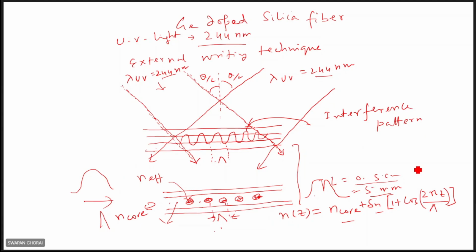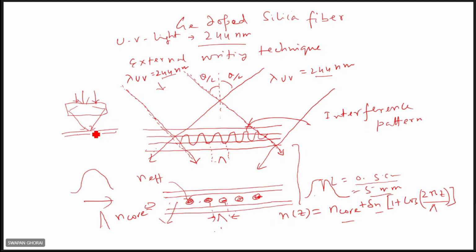This is one method. Another method is also there, the mask method. It is not mentioned here. Initially, a mask is created, and when the mask is illuminated by the ultraviolet beam, a pattern will be created within the fiber through the mask, with this type of interference pattern.